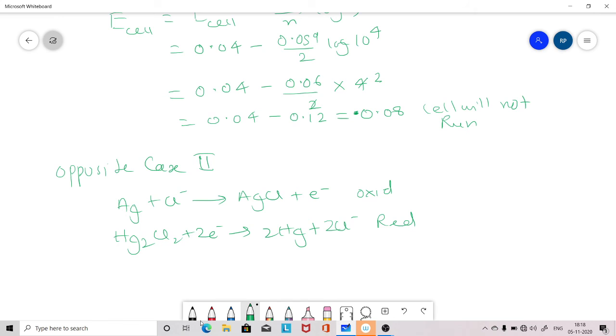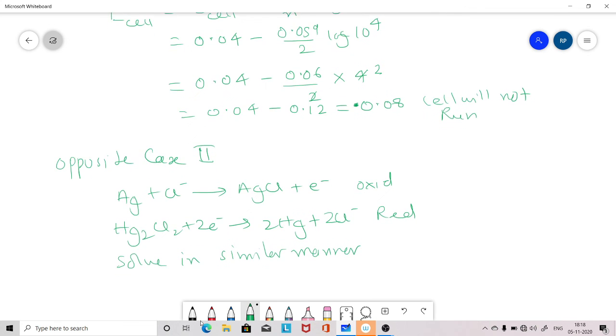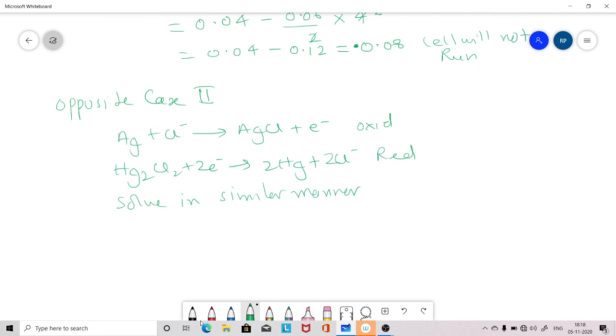You have to solve in a similar manner, and after solving you will get E cell as plus 0.08, and this will run. The cell will run. That's how you can solve this problem very easily.